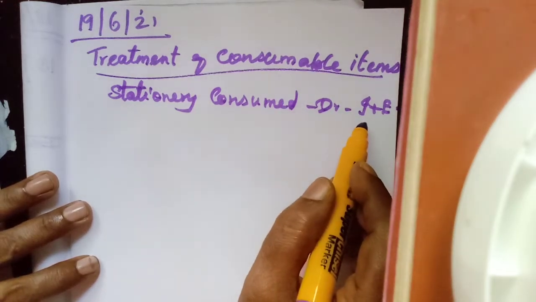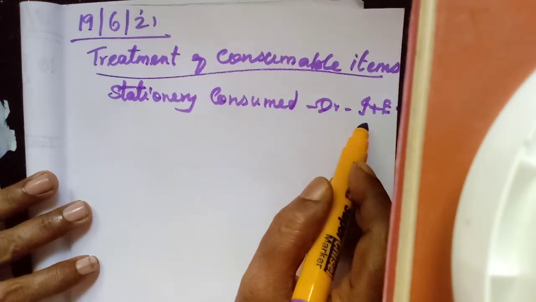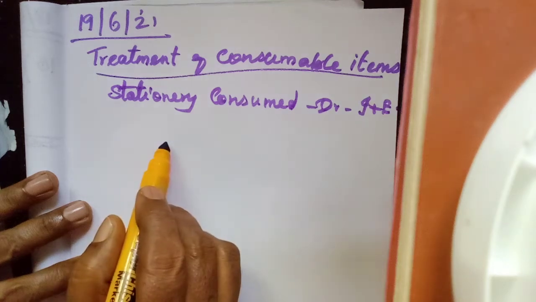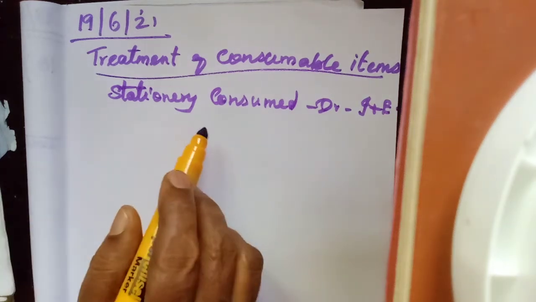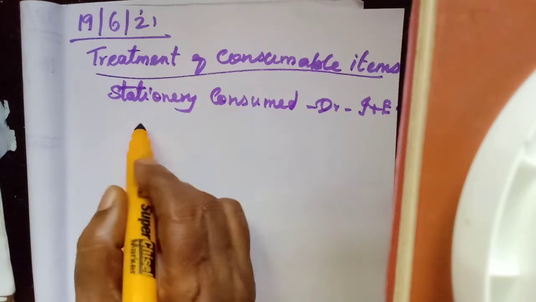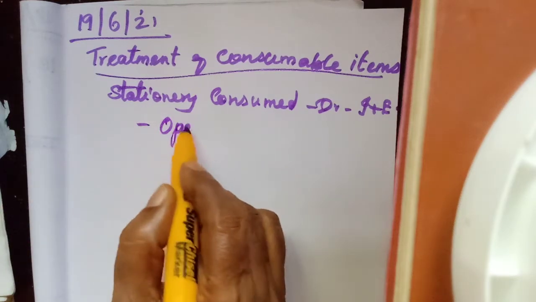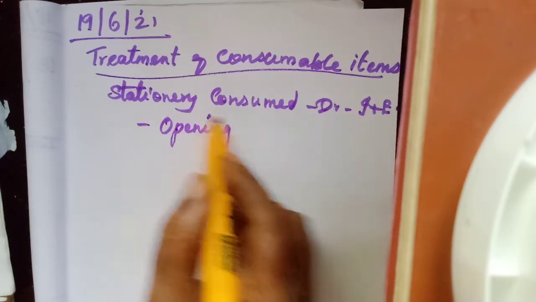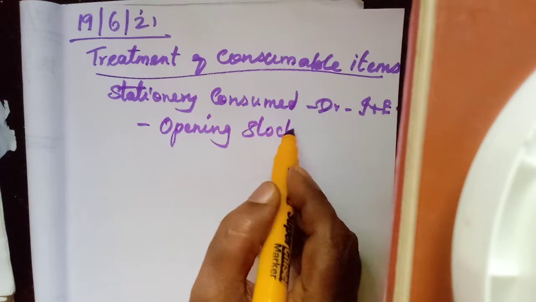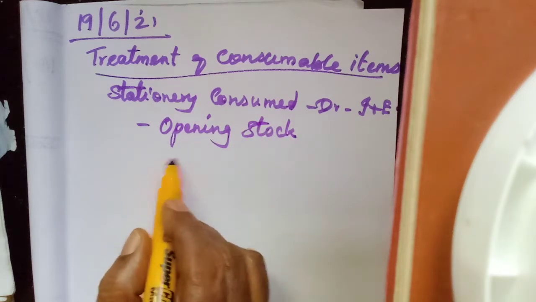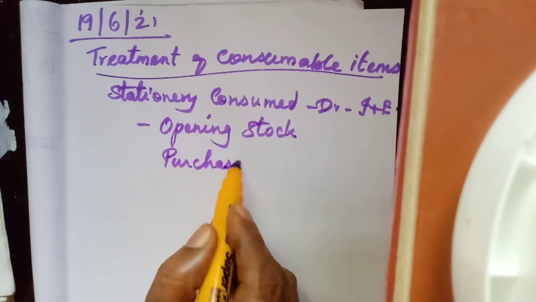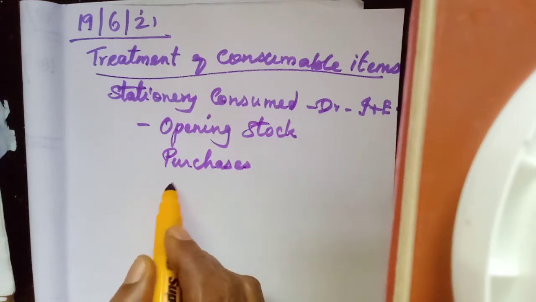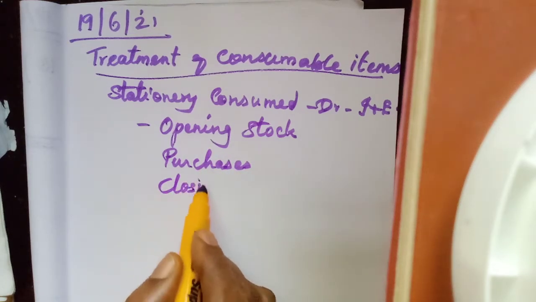So the actual expenses, how will we find out? The expenses will be given, but we have to write how much we have consumed, because here we will have the opening stock, and they will purchase that year, and some of the items will not be used, that is called closing stock.